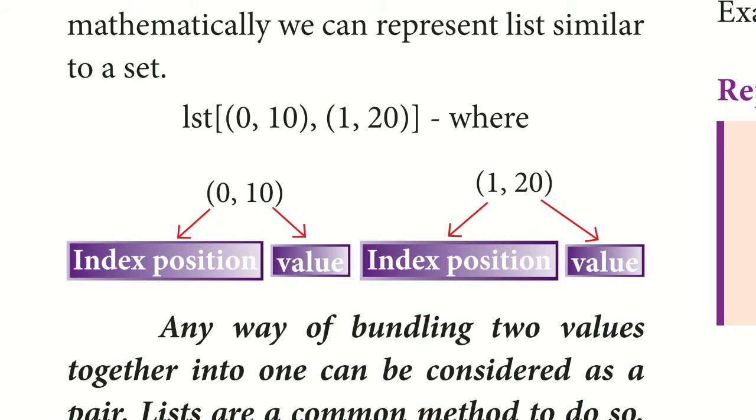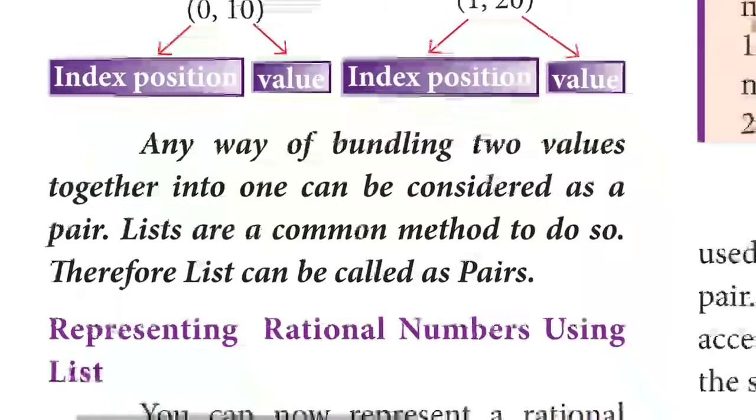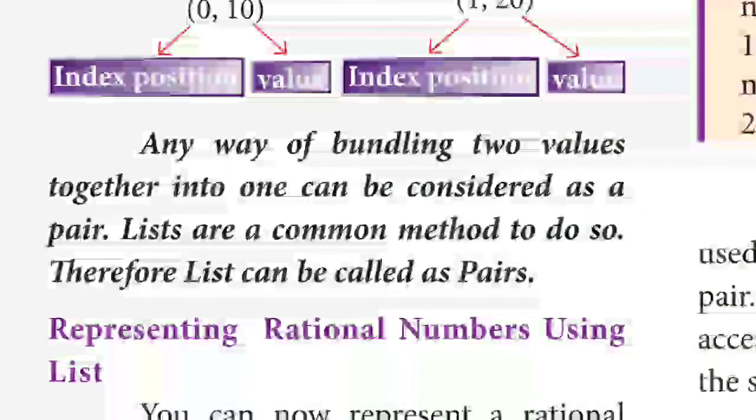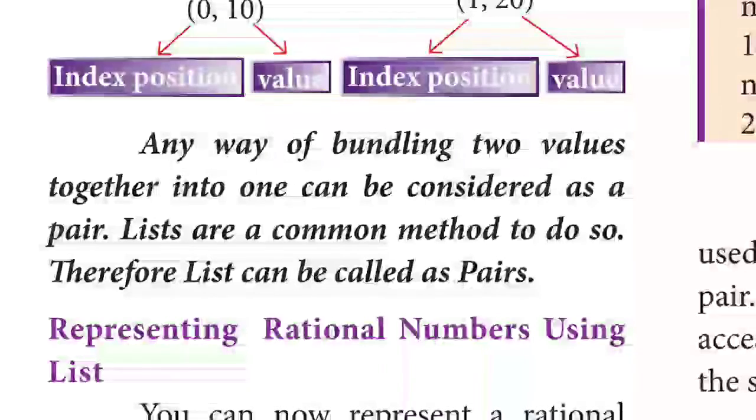You can identify the value 20 with its index position as 1. So if you want the value at 1, you use lst of 1 to receive the value 20.